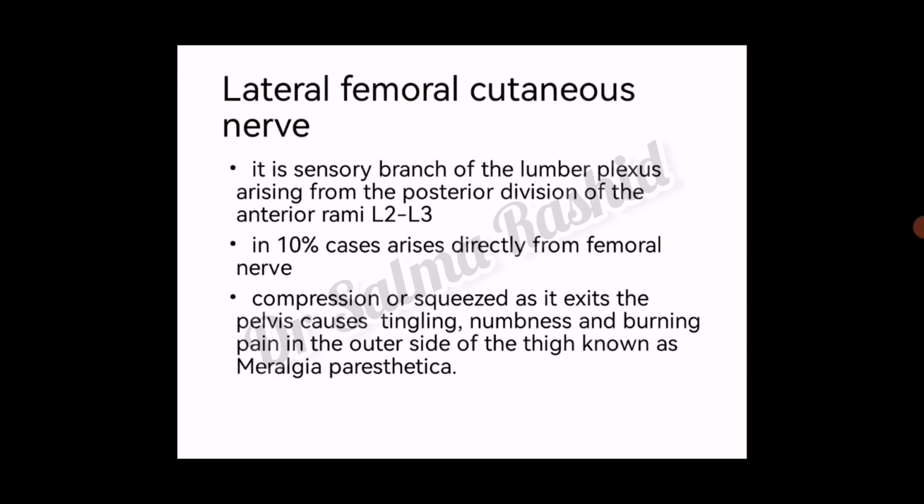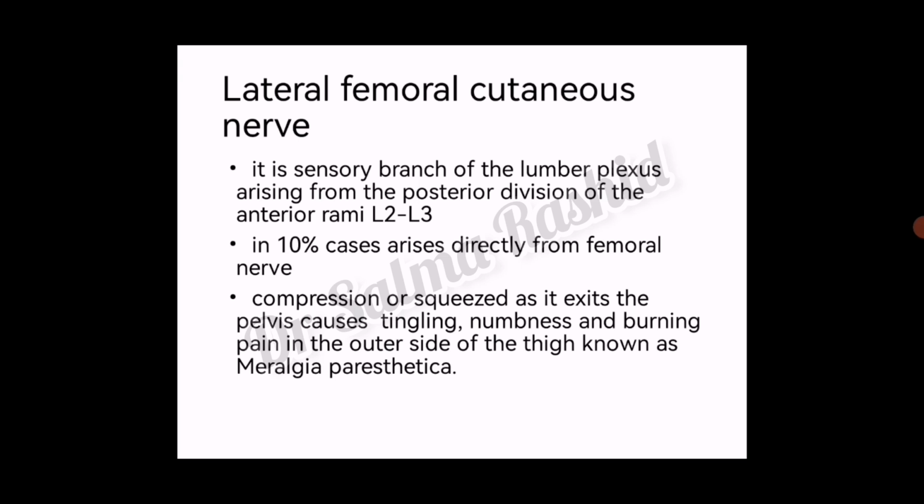Lateral femoral cutaneous nerve is the sensory branch of the lumbar plexus arising from the posterior division of the anterior rami L2 to L3, and it supplies the lateral side of the thigh. Lateral femoral cutaneous nerve is a separate nerve from the femoral nerve, but in 10% of the cases it arises directly from femoral nerve. That is why I discussed this with femoral nerve.